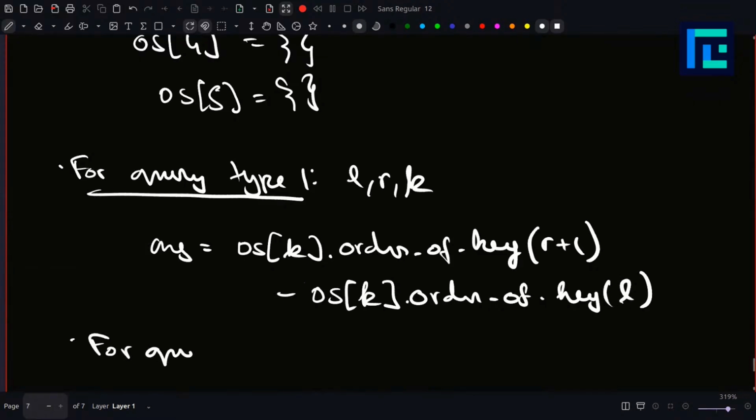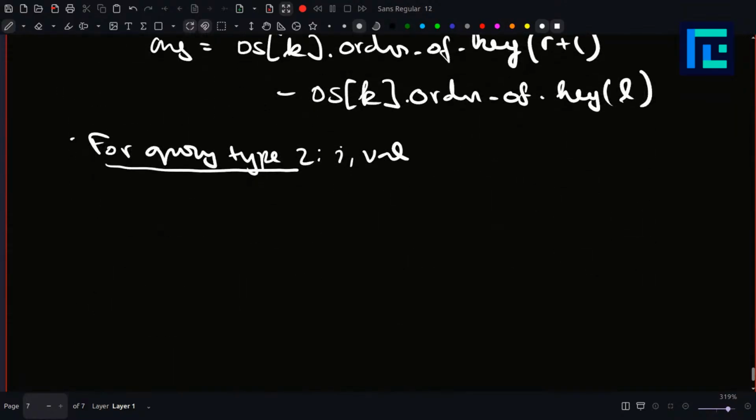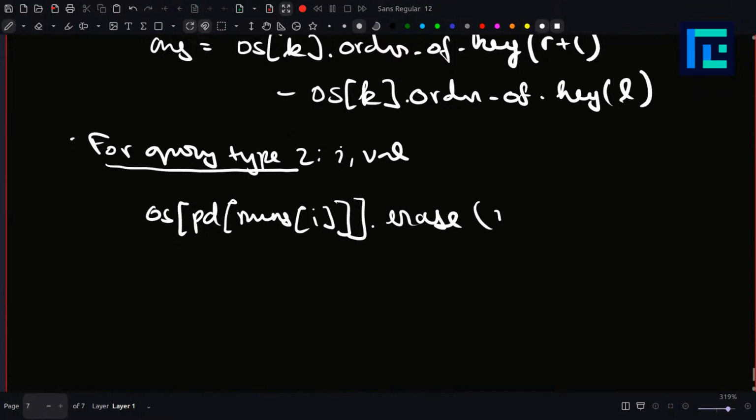And for query of type 2, simply we remove the old element from the ordered set and add the new element. So it will simply be I and value, right? So what we can say is ordered set of pop count depth, let's call that PD of nums of I. So we erase this element I. Then we can set nums of I to the new value.